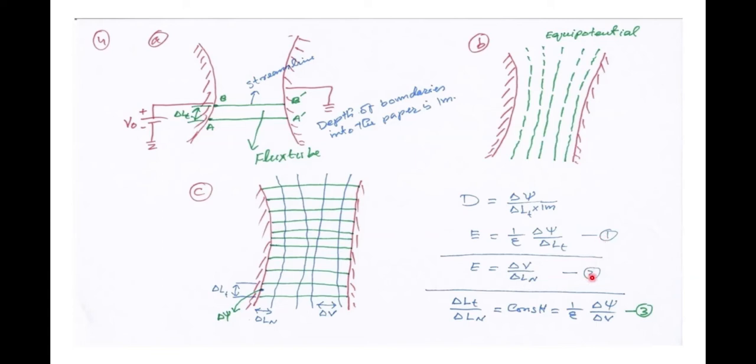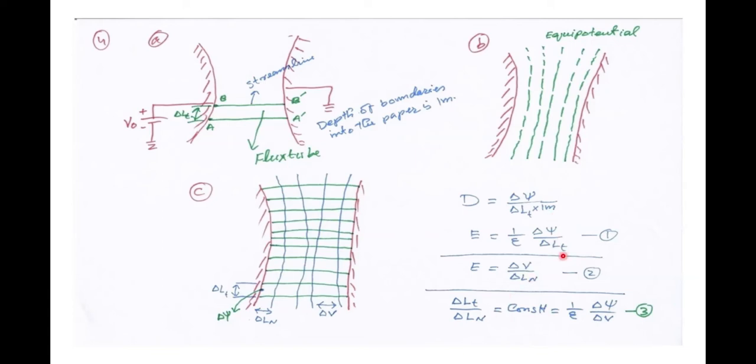Combine equation number 1 with 2, which results in equation number 3, where in this method we keep the value of delta LT to delta Ln constant. That is, the ratio between the tangential length of the flux tube and the normal length of the flux tube, or the curvilinear square, is usually taken as constant, and usually this ratio is equal to 1.